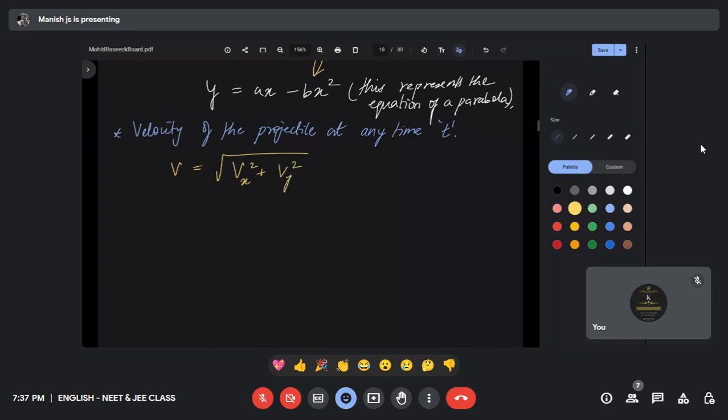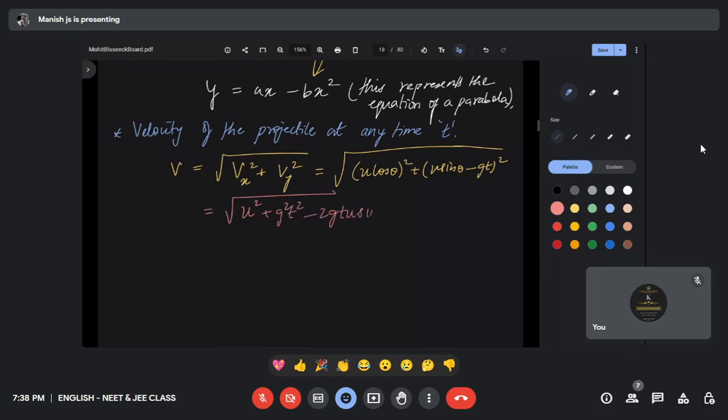Let me substitute the values. So v is the root of u cos theta the whole squared plus u sine theta minus gt the whole squared. When you simplify, you get root of u squared plus g squared t squared minus 2 g t u sine theta.